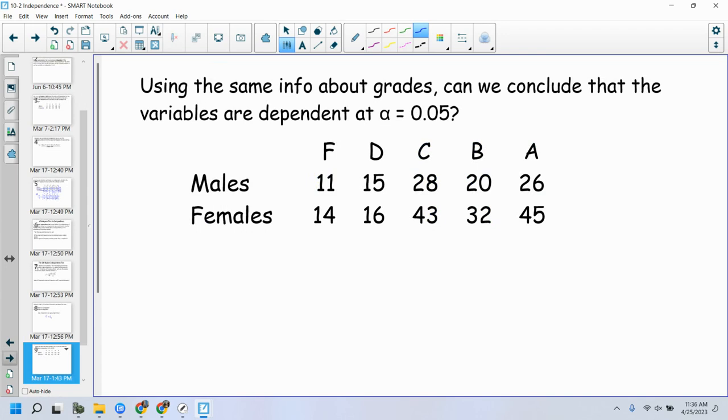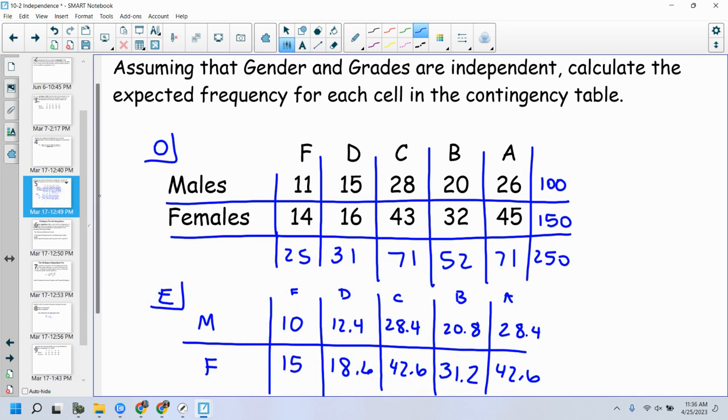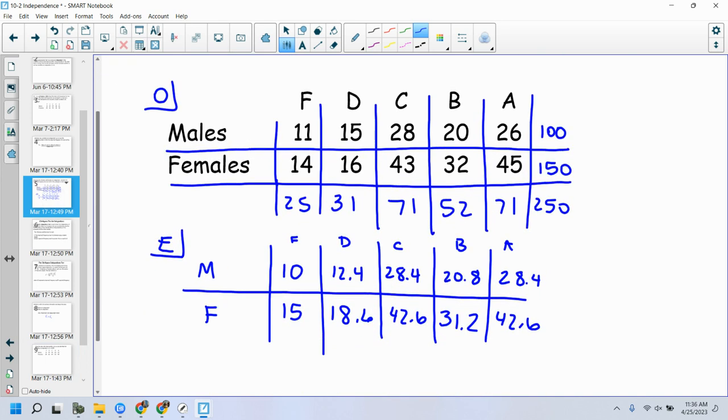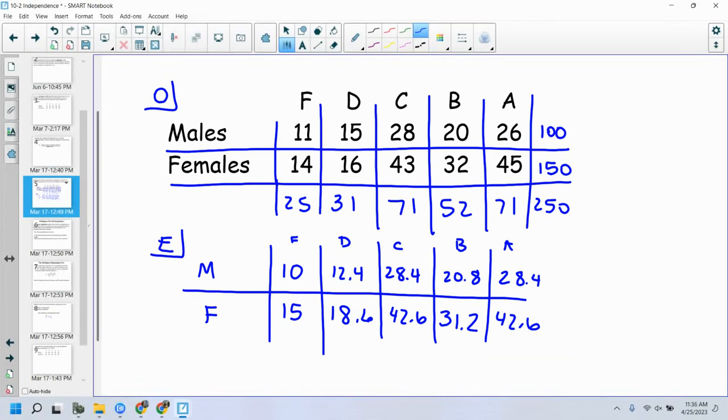So let's run a hypothesis test based on this. I am going to copy over all of this info so we don't have to do it again. Current page, sure.